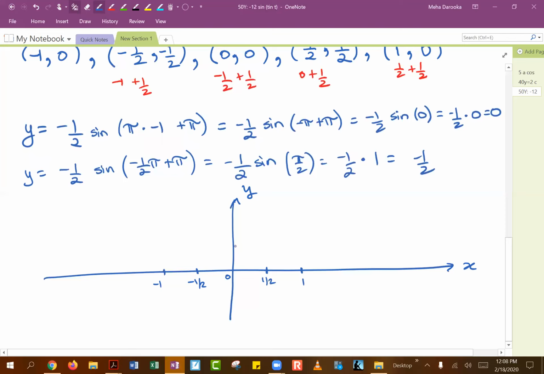And our amplitude was 1/2. Okay, so you're starting out at the intercept at -1, 0. You've got a minimum at -1/2, -1/2. We're back to an intercept at 0, 0. Maximum at 1/2, 1/2, and then intercept again at 1, 0.